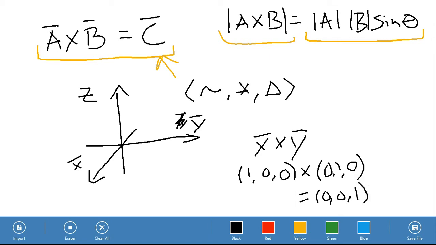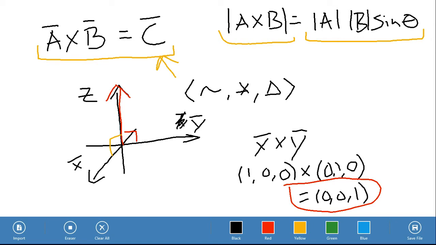And so that 0, 0, 1 vector is going to be perfectly in the direction of the z-axis, perfectly in the k hat direction. And so you can see that it is, in fact, orthogonal both to that y vector and to that x vector. And that is, in fact, going to be true for any cross product.